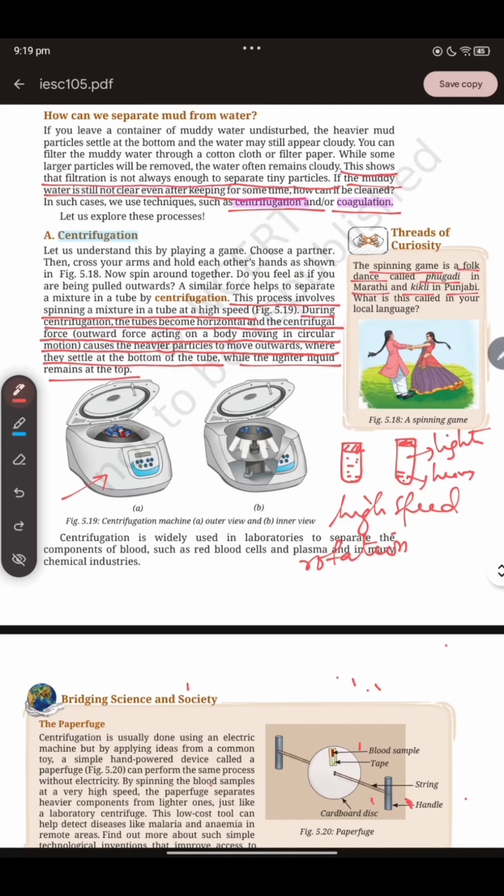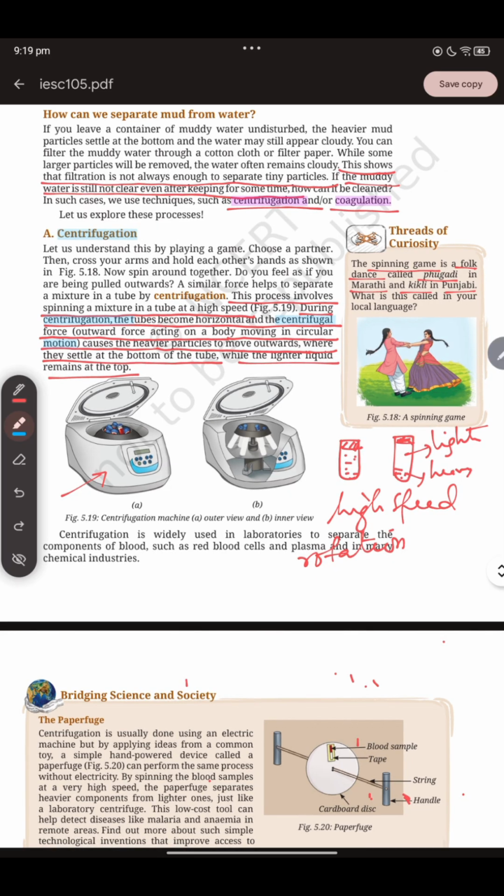So this outward force is known as centrifugal force, the outward force acting on a body which is moving in circular motion. So when this force is acting, the heavier particles move outwards and settle at the bottom of the tube. So I hope the method of centrifugation is clear.